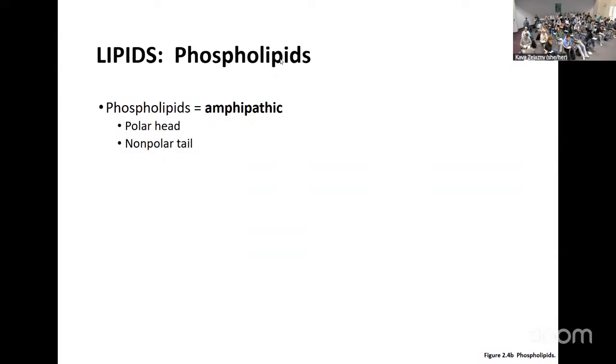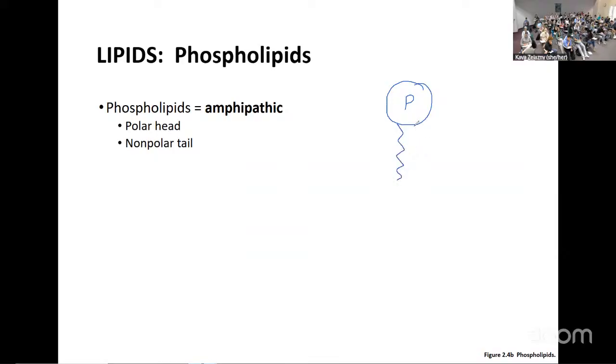Typically, you're going to have your polar phospholipid head. So P for phosphate and P for polar, that's kind of handy, right? And then we're going to have our non-polar tails. There'll be 2 of them.